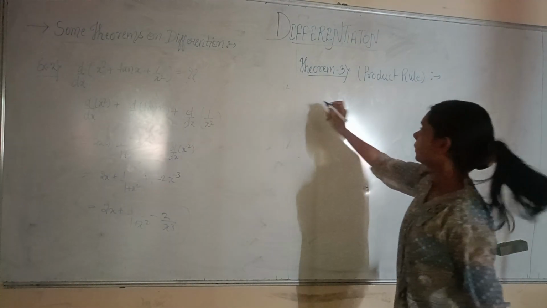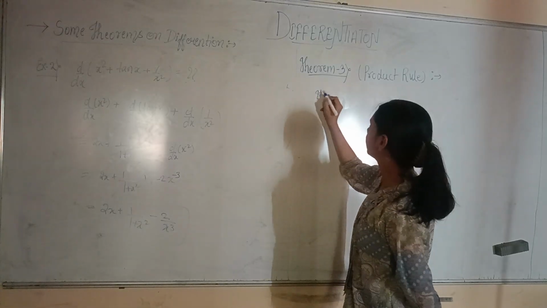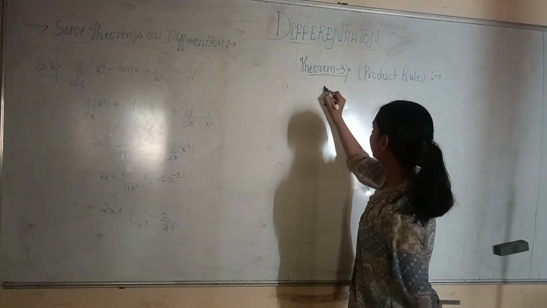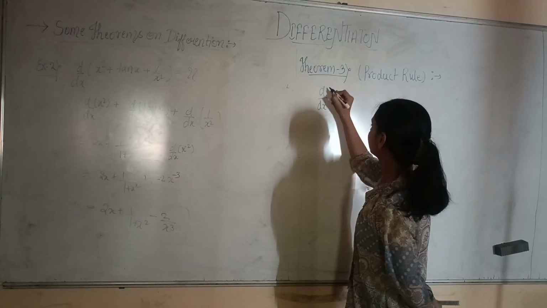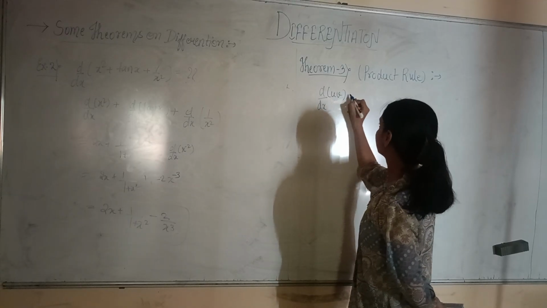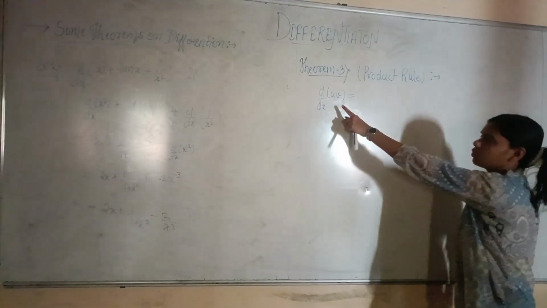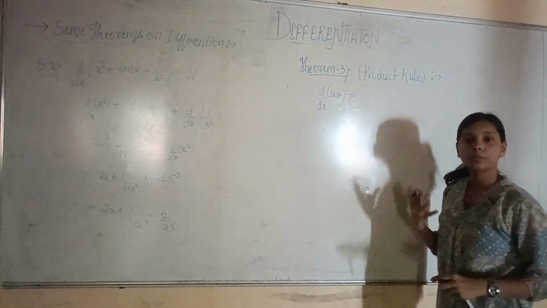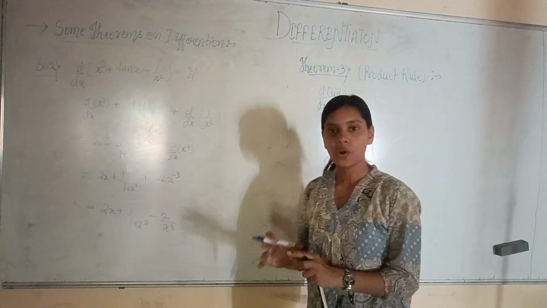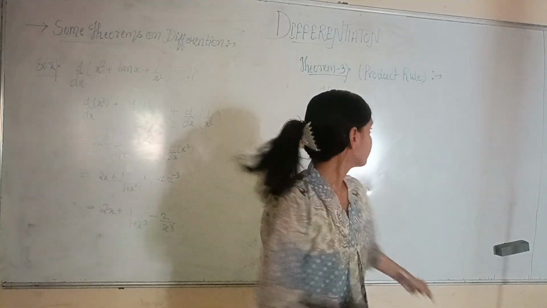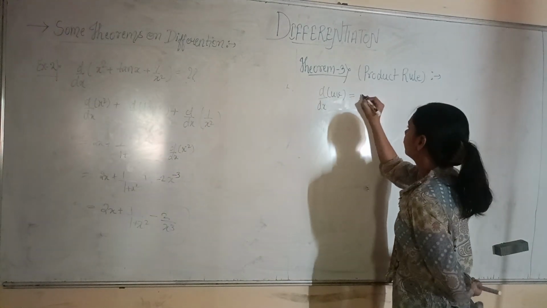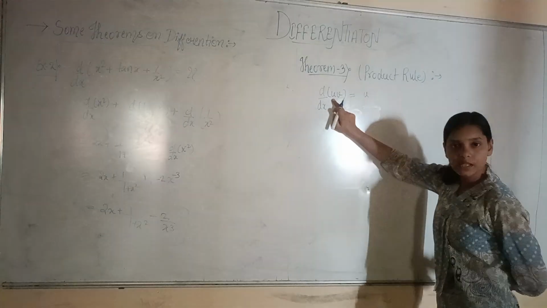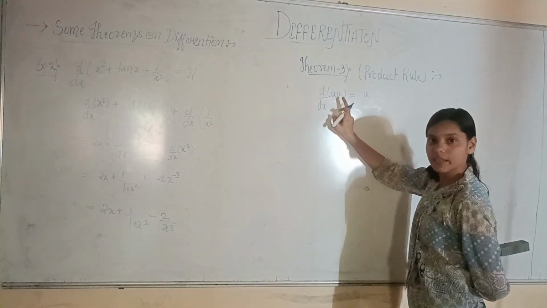Product rule means d/dx of uv. Here u and v are in product, and u and v are functions of x only. u is the first function and v is the second function.